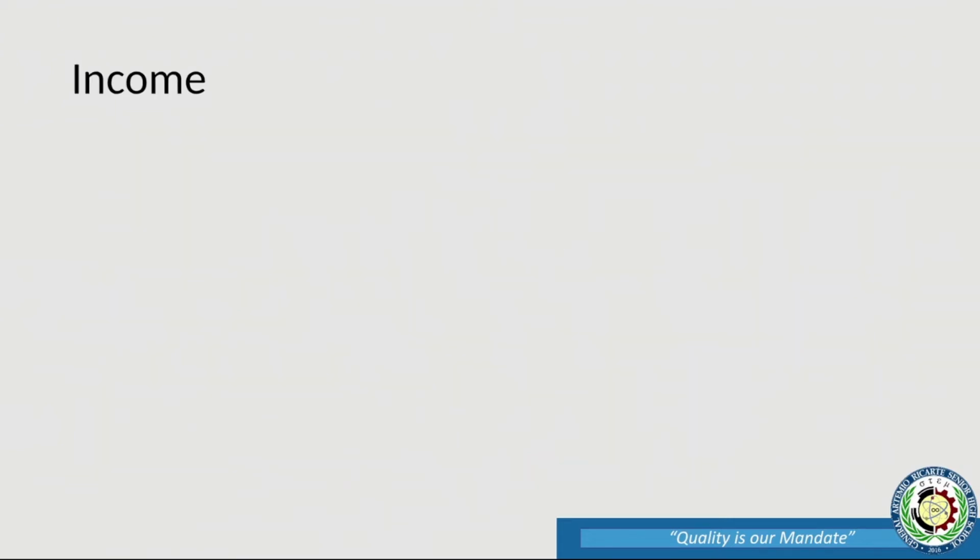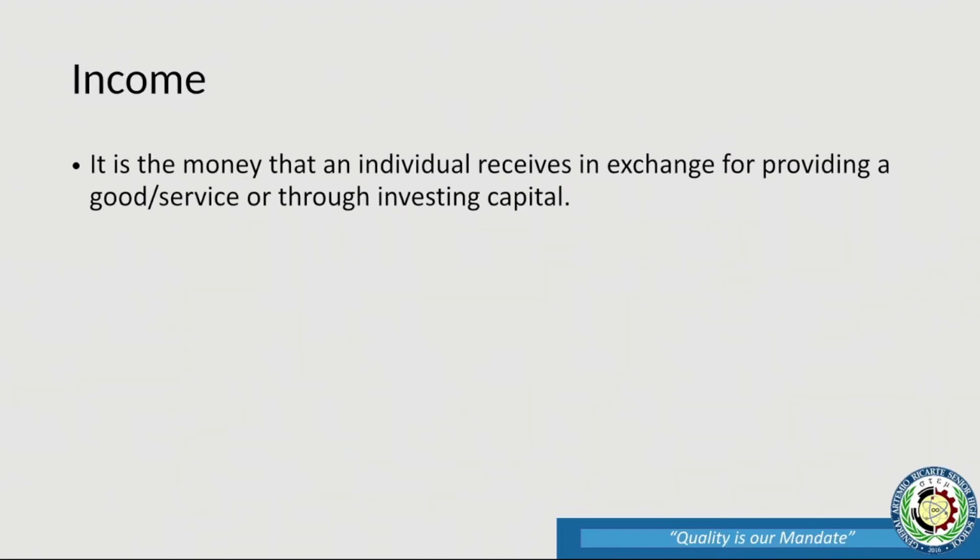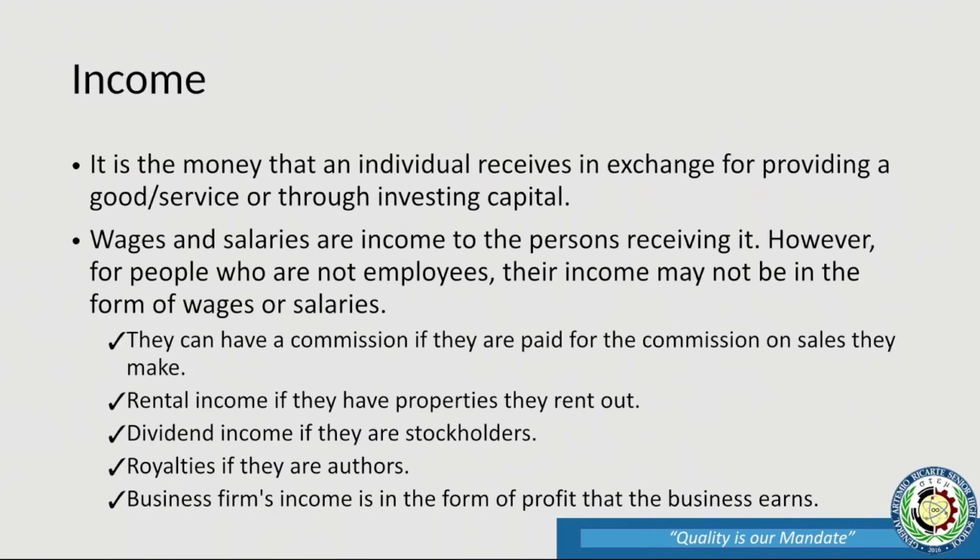So let's move on to income. When we say income, it is the money that an individual receives in exchange for providing a good or service or through investing capital. Wages and salaries are income to the person receiving it. However, for people who are not employees, their income may not be in the form of wages or salaries.